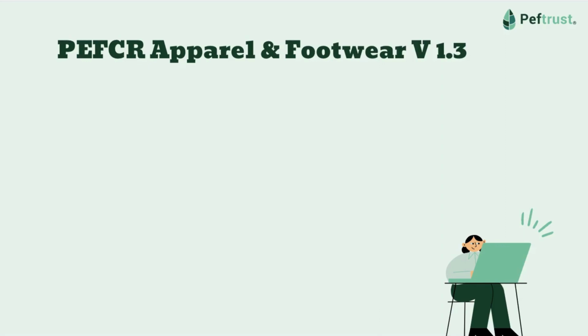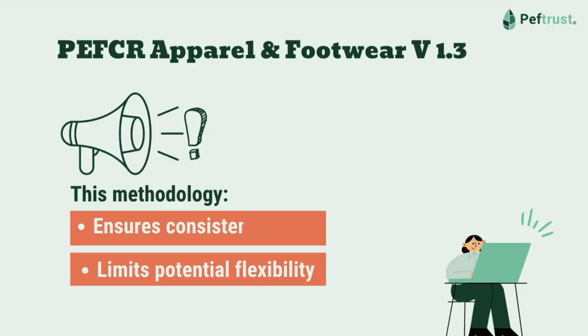The PEFCR Apparel and Footwear version 1.3 is a methodology developed by the European Commission (JRC). It specifies the life cycle stages, inputs and outputs, and other relevant factors to evaluate the environmental impact of apparel and footwear products. This methodology ensures consistency and limits the potential flexibility in the LCA results.